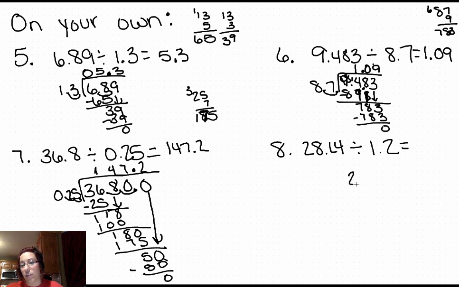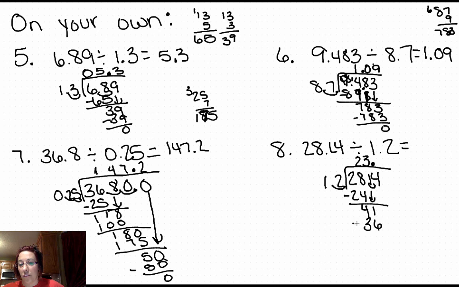Okay, over here we've got 28 and 14/100 divided by 1 and 2/10. Move the decimal once, move the decimal once, and go straight up. 12 will go into 28 twice. 12, 24, 36. 11 would be 5.